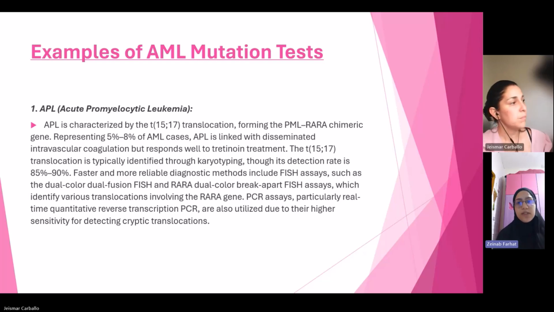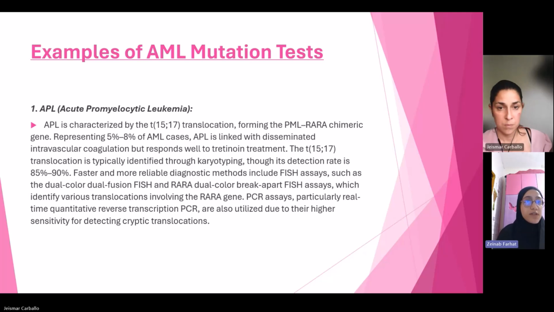And the chimeric gene, what differs from a fusion gene is that in the chimeric gene, we have portions of the two genes that are going to combine and form a new function, while when we have a fusion gene, it's just the two genes combined together, each of them retaining their own function. And this APL is linked to disseminated intravascular coagulation, but responds well to arsenic trioxide treatment.